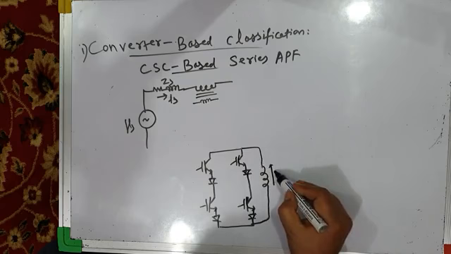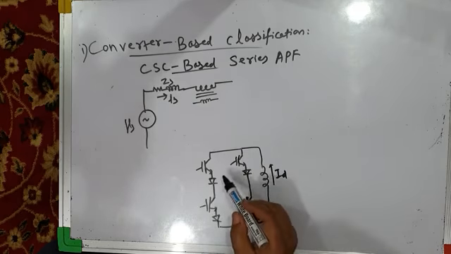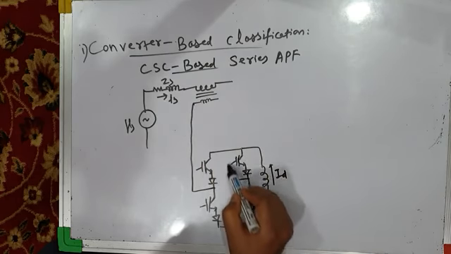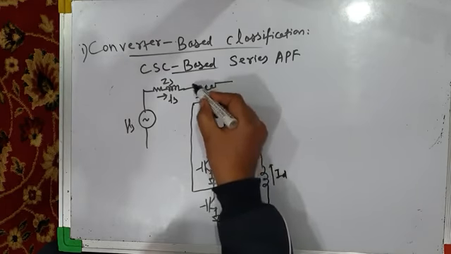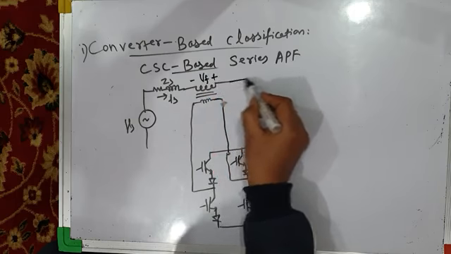We have a huge large inductor, and this is the inductor current ID. Now this is the injection voltage, and this is the filter voltage, say for example plus minus VF, and then this is your non-linear load.